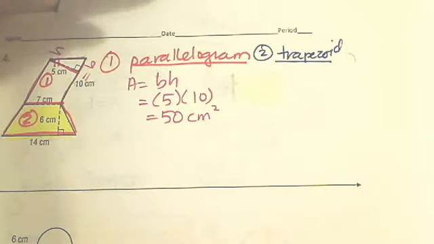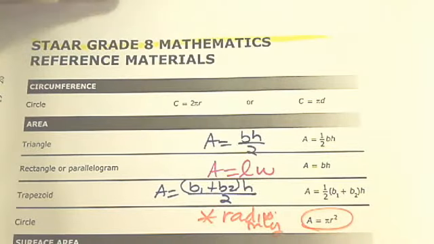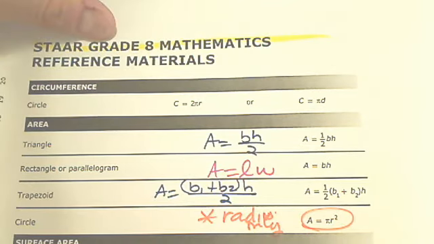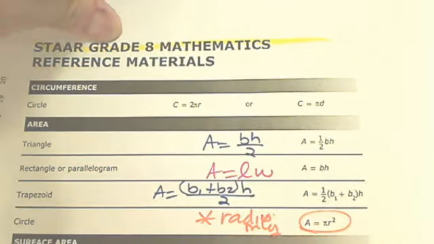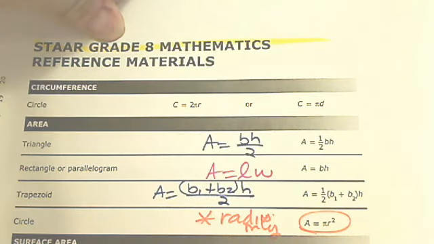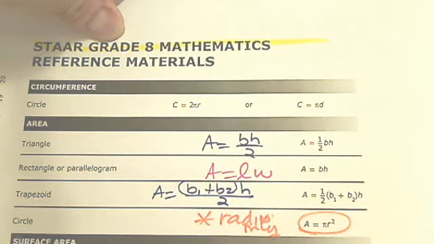Amanda, wait, can you put that back? Yes. Base 1 plus base 2 times the height divided by 2. The reason why there are 2 bases is because one base is shorter than the other. If they were both the same, it would be a rectangle.